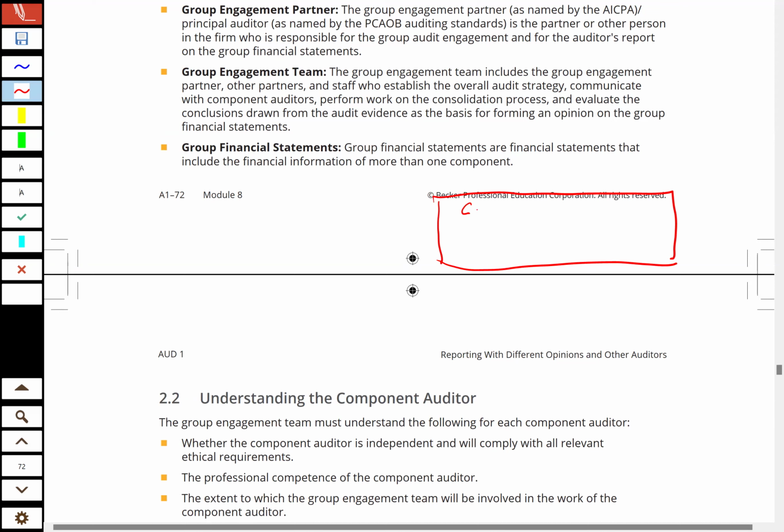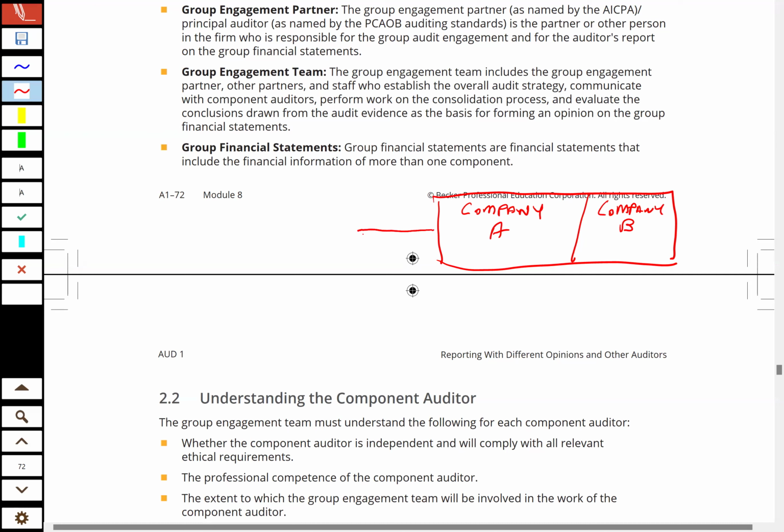Company A and company B. Okay, and they're under the same ownership, and so what do we decide?